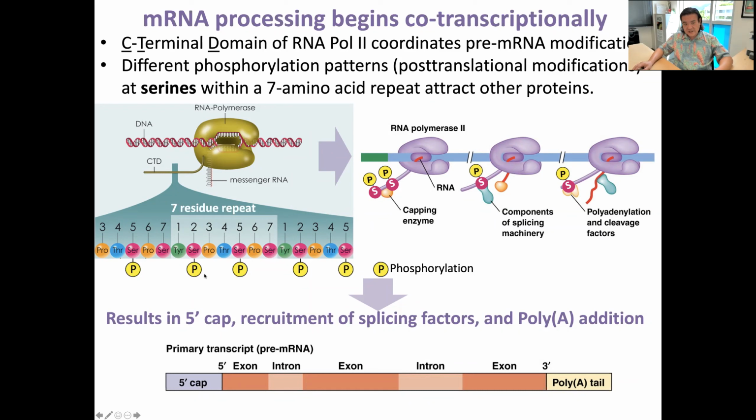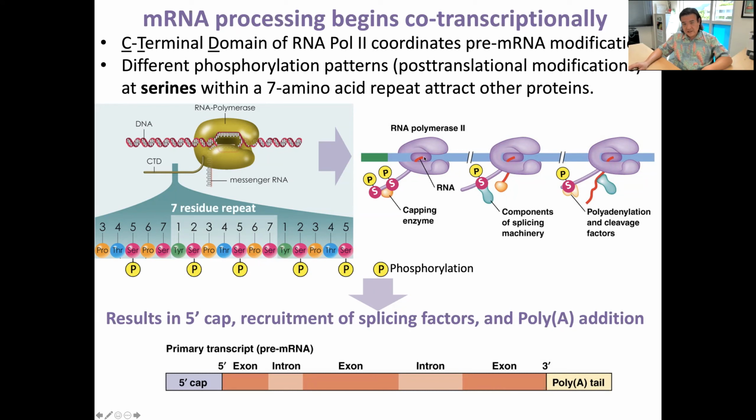Most importantly are the serines, because these serines can be post-translationally modified with phosphate groups. And depending upon changing patterns of which serines end up being phosphorylated, that will change the shape of this C-terminal domain of the RNA Pol II and attract different sets of proteins.